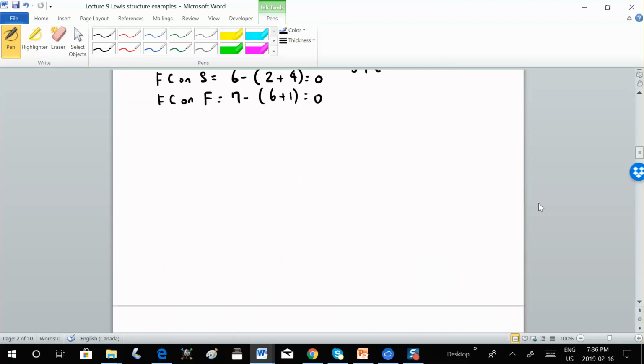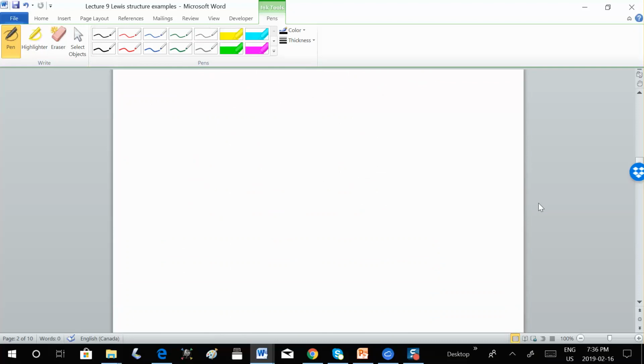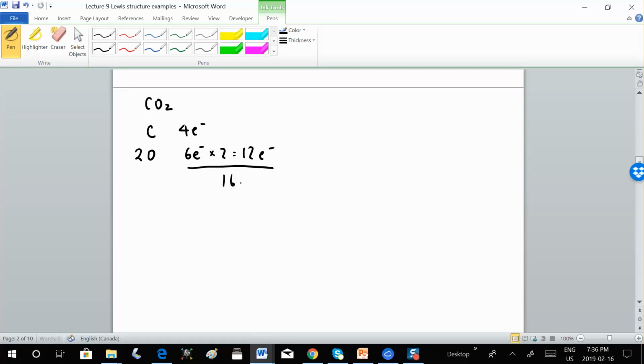Okay, so now let's move on to the second set of Lewis structure examples. We're going to do CO2. Carbon has 4 valence electrons, and there are 2 oxygens, and each oxygen has a total of 6 valence electrons, adding up to 12. 12 plus 4 is 16 electrons.